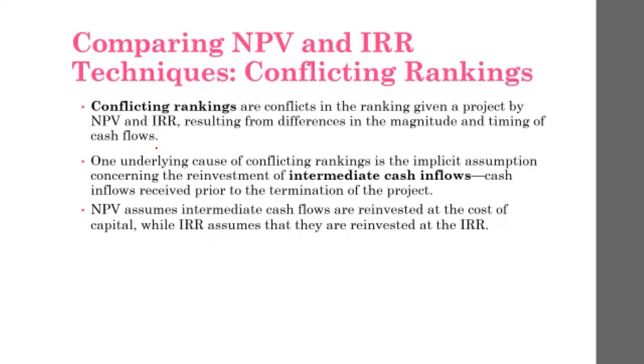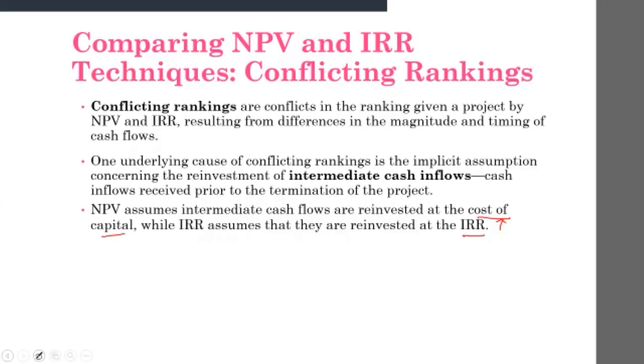Net present value assumes intermediate cash flows are reinvested at the cost of capital, while IRR assumes that they are reinvested at the IRR rate. And remember, we said once the IRR is more than the cost of capital, we accept. So this sometimes results in the differences.